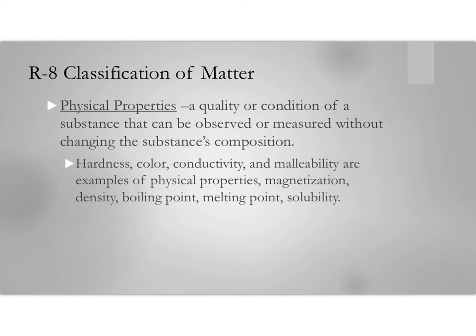Malleability is the ability of a substance, a solid substance by the way, to be shaped with a hammer, essentially. You can take a piece of gold and hammer it into a sheet.